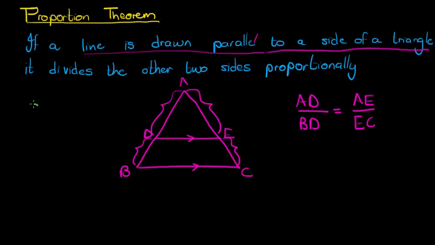So for example, if I have a head and a body and arms, I don't know if this is true, but if I wanted to draw something in proportion to this, you'll see that the body is about twice the size of the head. So to draw something in proportion, if I double the head, I have to double the body.